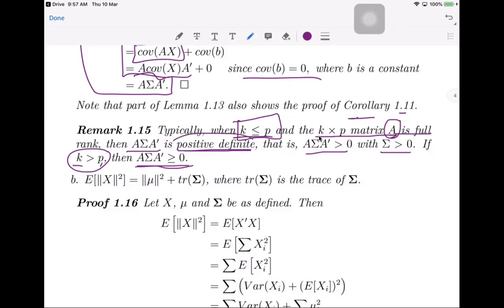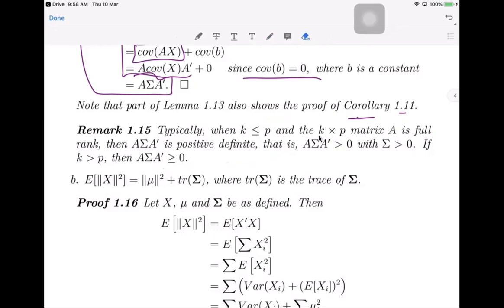Now, we usually want the property of being positive definite because later, if the inverse is needed in the computation in the formula, and it is not positive definite, then the inverse will not exist. So usually we want the property of being a positive definite matrix, for sigma to be positive definite and for sigma inverse to exist.